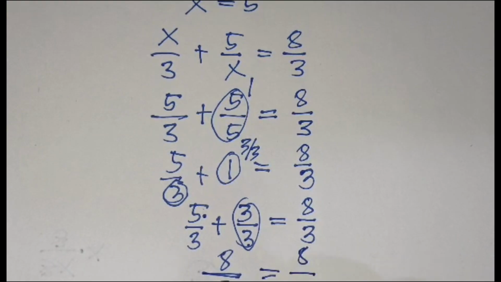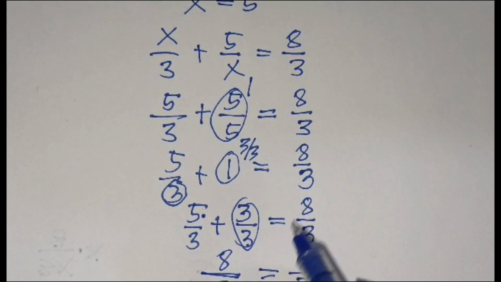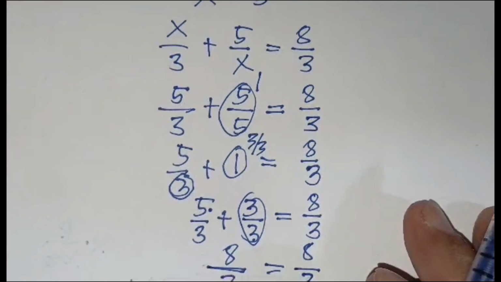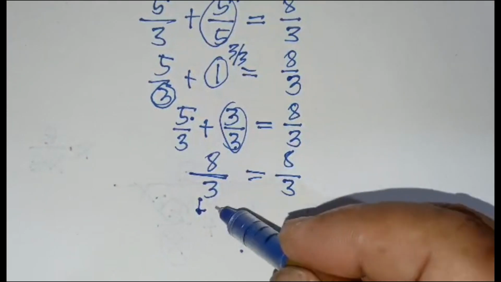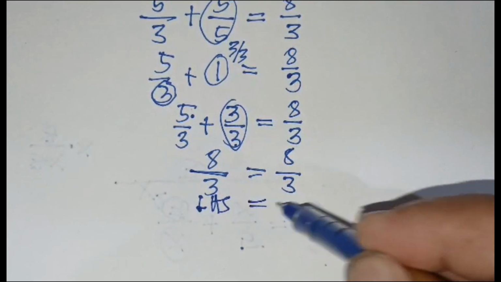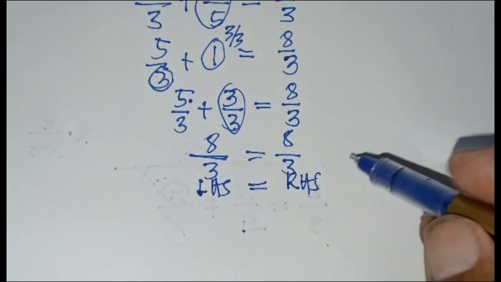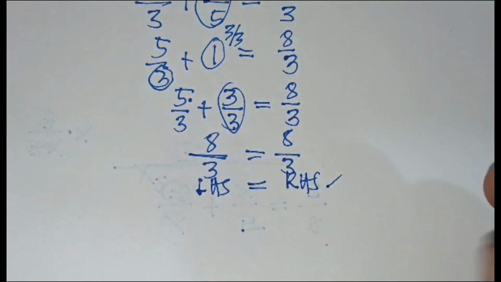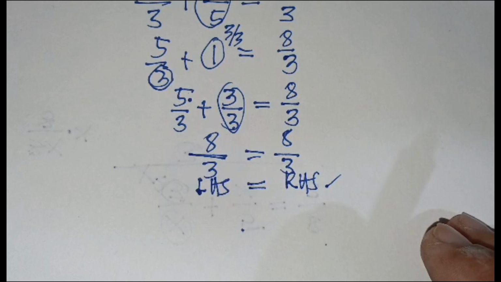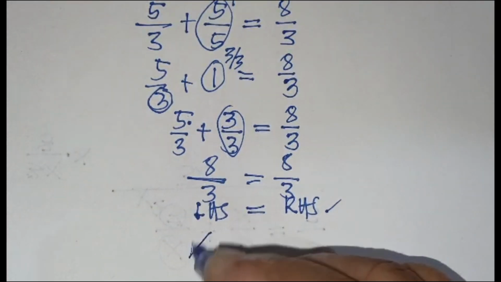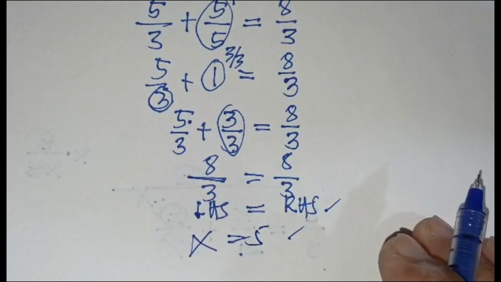So we have here the left-hand side is actually the same with the right-hand side. So we can say x is equal to 5 is verified.